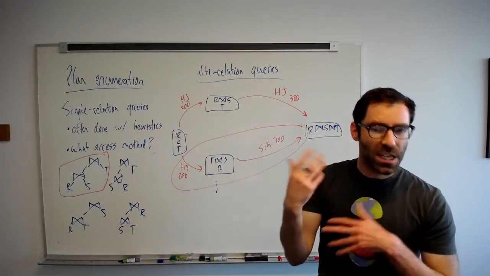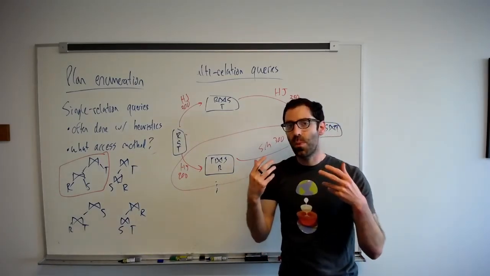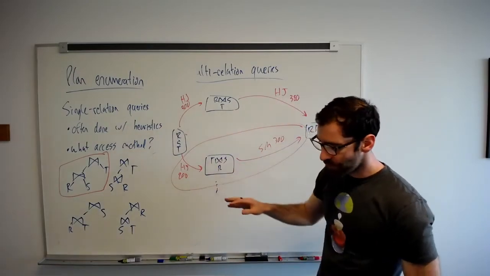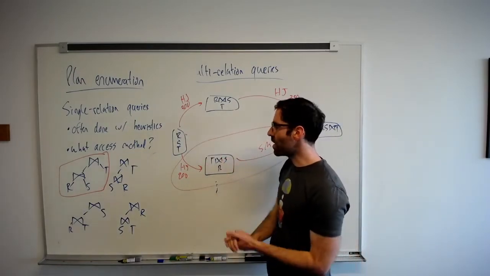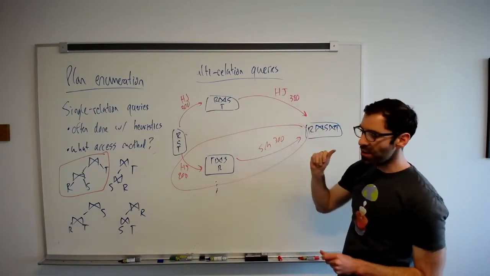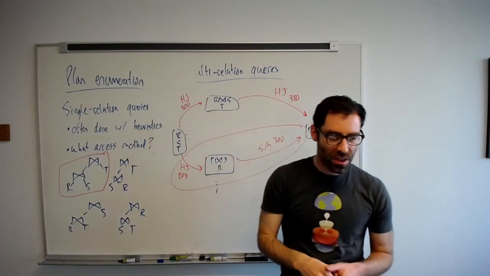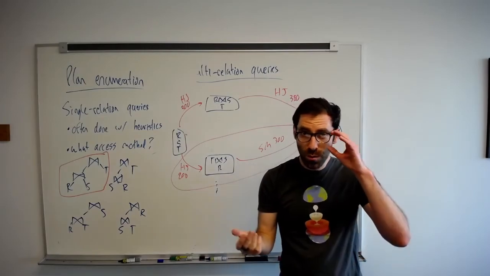One neat aside is that Postgres has a way that it does these estimates for queries that have 12 or fewer joins.